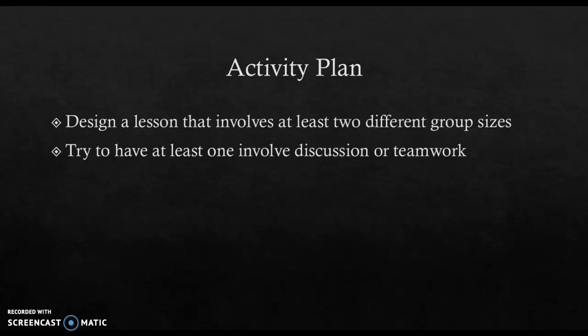So, to finish off, what you want to do as an instructor for your activity plan is you want to design a lesson that involves at least two different group sizes. So, say if you're giving a history lecture about the Black Death, you can give a lecture to start the class and then have students read an article and discuss it about the Black Death or something of that sort.